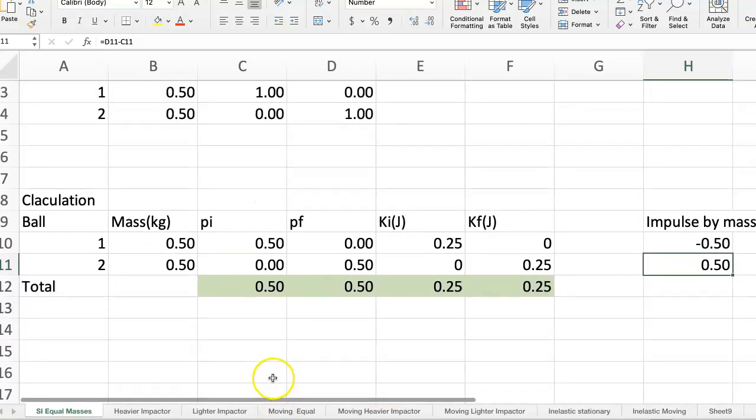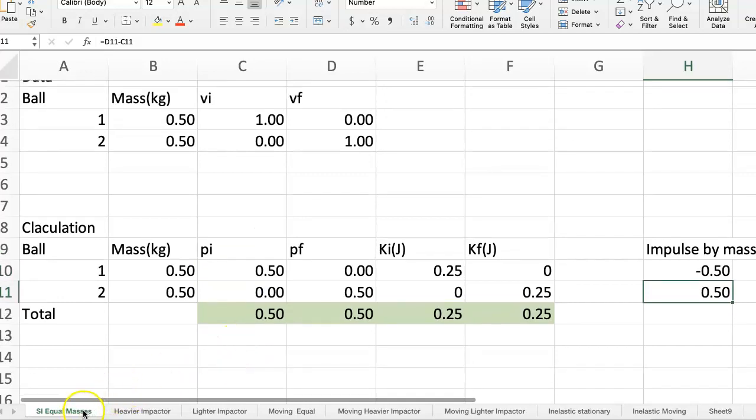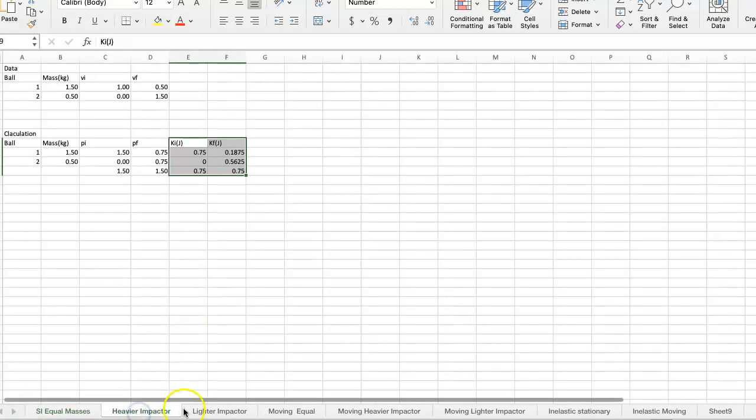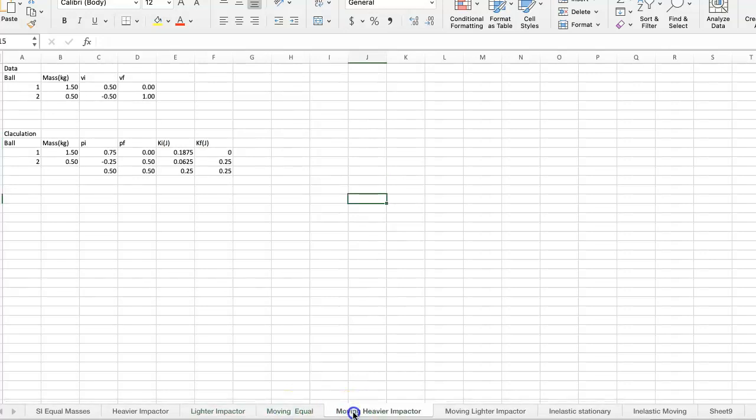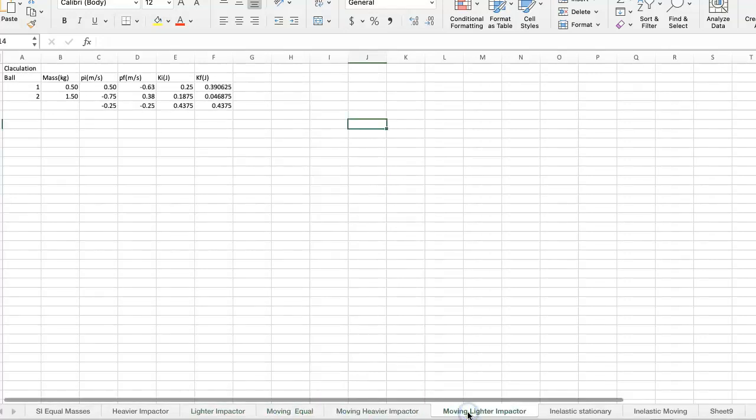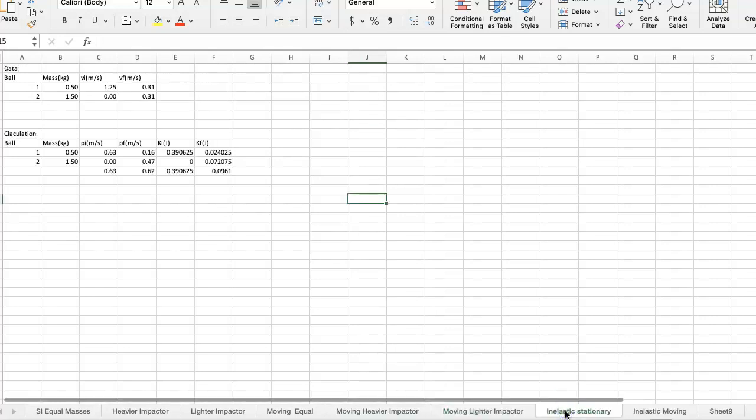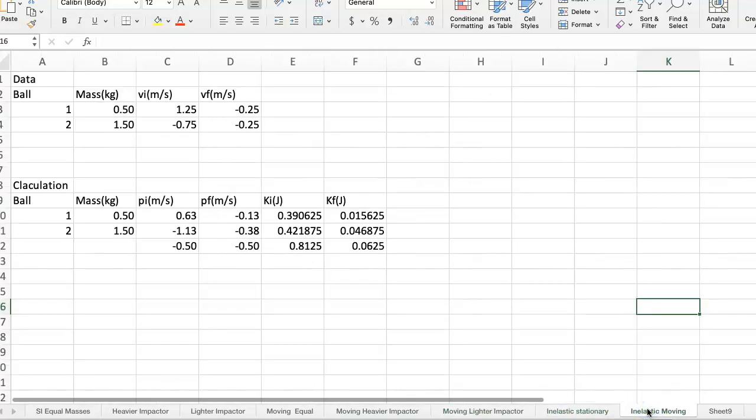Now, if you look at my Excel sheet, I have equal masses, heavier impactor, lighter impactor, moving heavier impactor, moving lighter impactor, inelastic stationary, and inelastic moving.